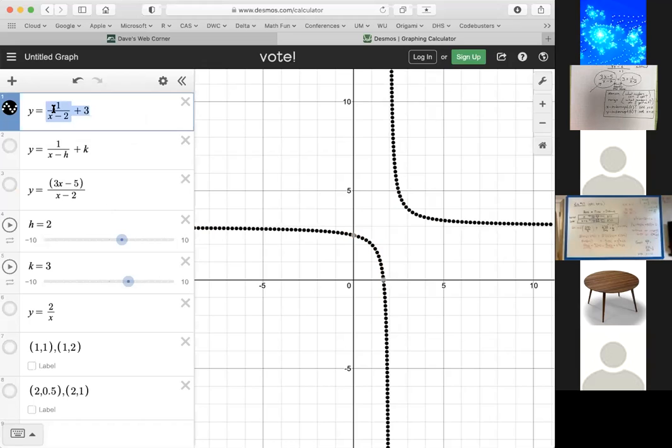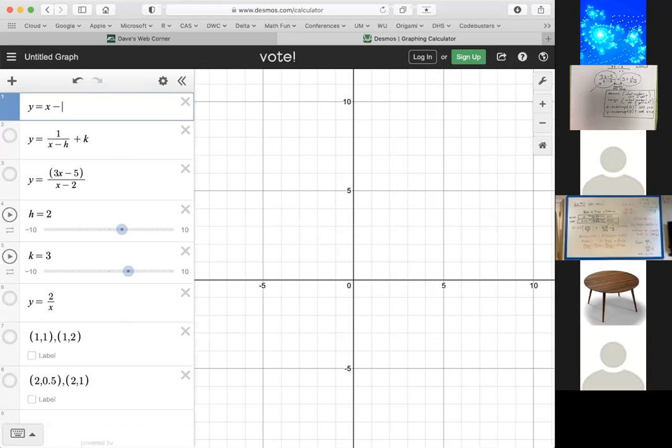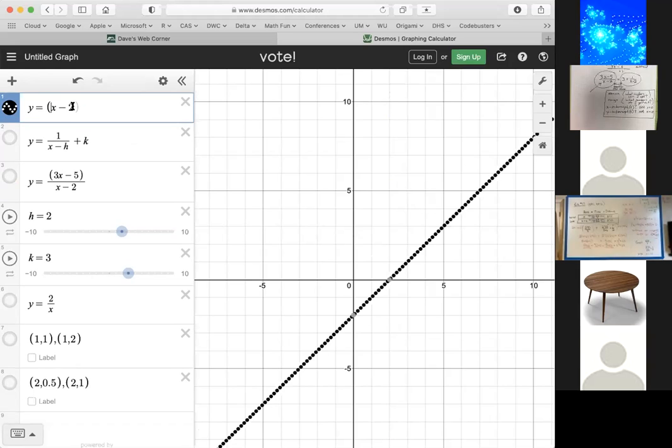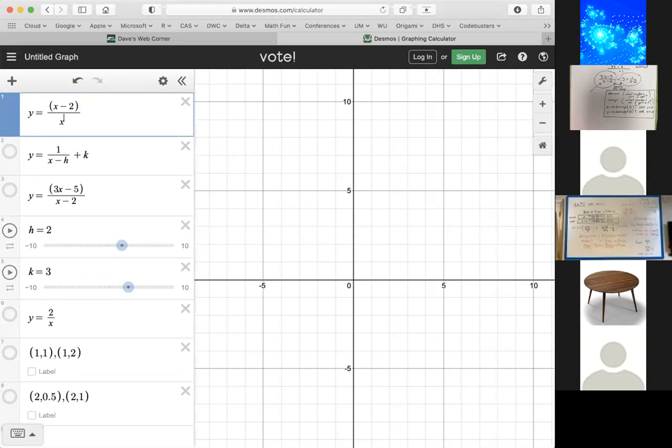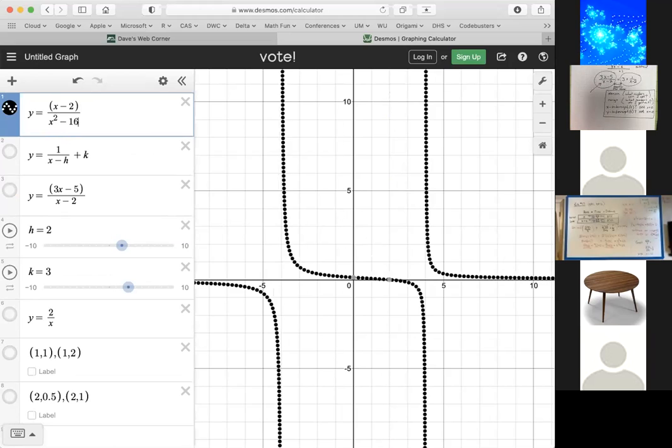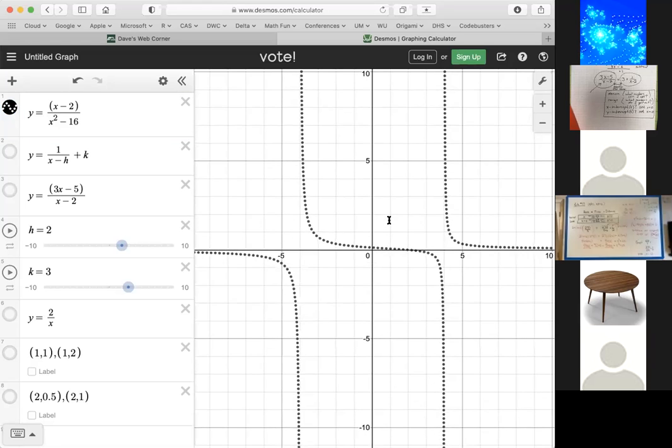Let's say x minus 2. Desmos kind of likes things to be written in terms of x and y. And let's say divided by x squared minus 16. Well, there's a beautiful graph. And your first reaction is, whoa, that's crazy.